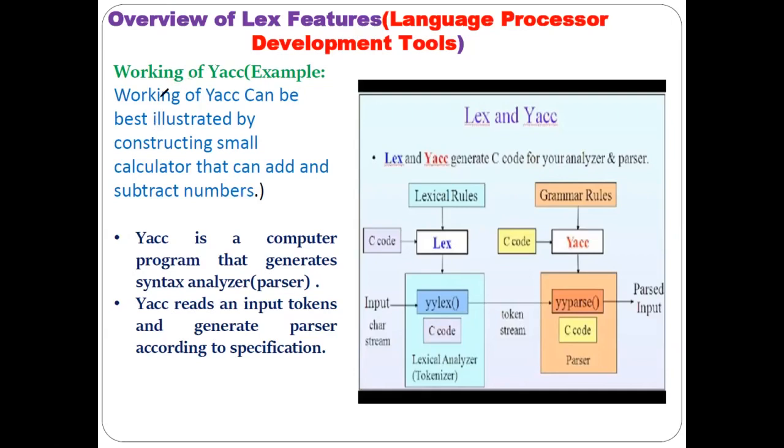So the working of Yacc can be best illustrated by constructing a small calculator that can add and subtract numbers. Here we'll try to construct the syntax analyzer for the calculator, which will check whether your calculating functions are being done properly or not.